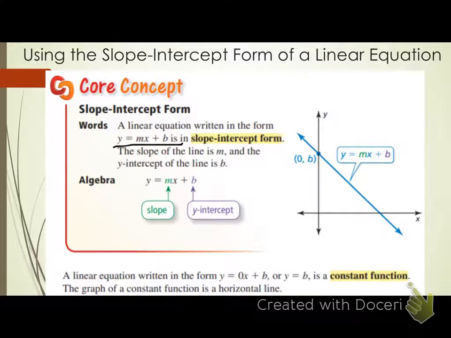What is slope-intercept form? Y equals mx plus b.